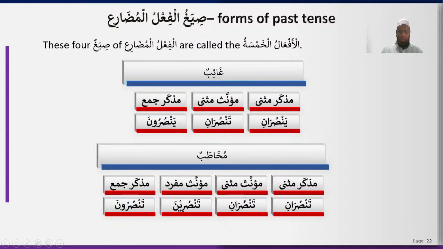And from mukhatab, the muthanna sigas also count in it, but because it's the same as this one, we count them as one. So all these three sigas, we count them as one. So 1, 2, include this, 3, 4, 5. These 5 are called al-af'al al-khamsa.